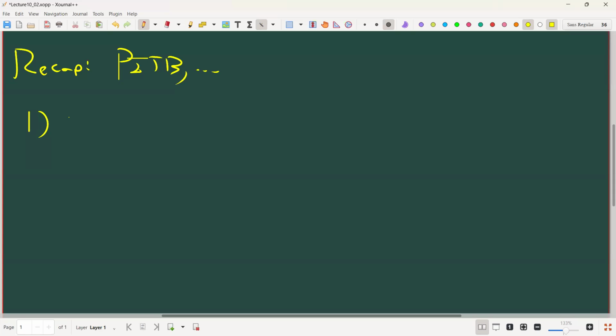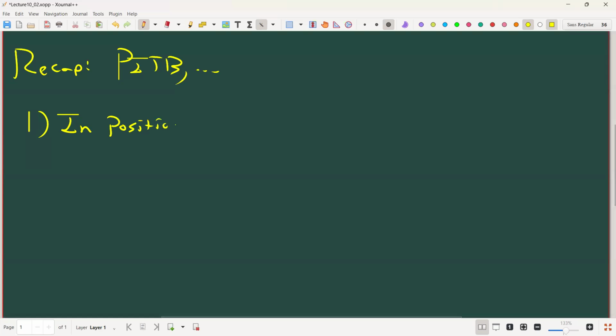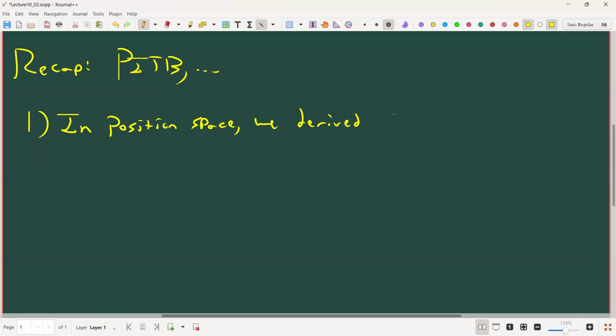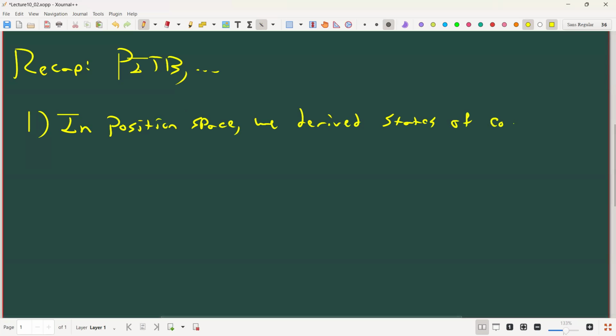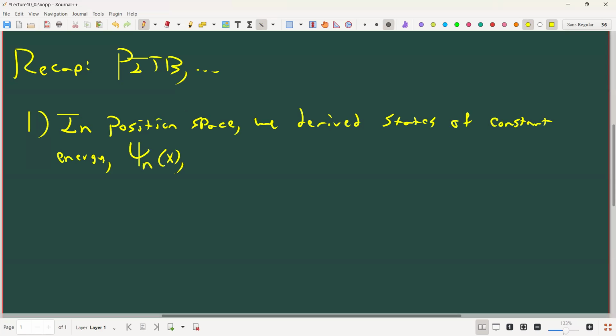So in position space, we derived states of constant energy, which are the wave functions, psi n of x.